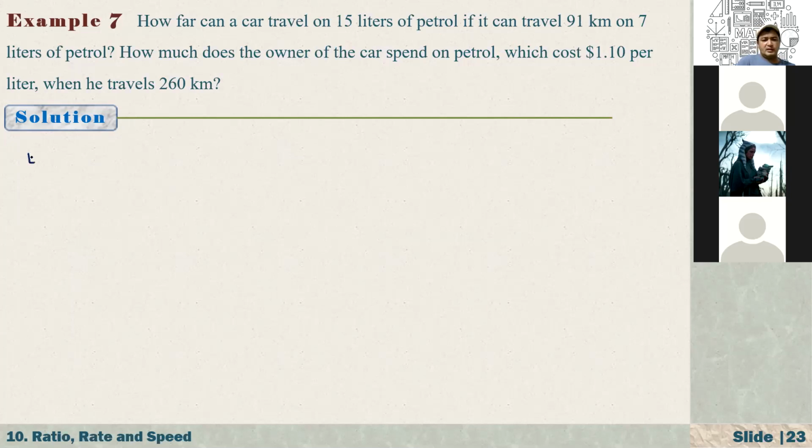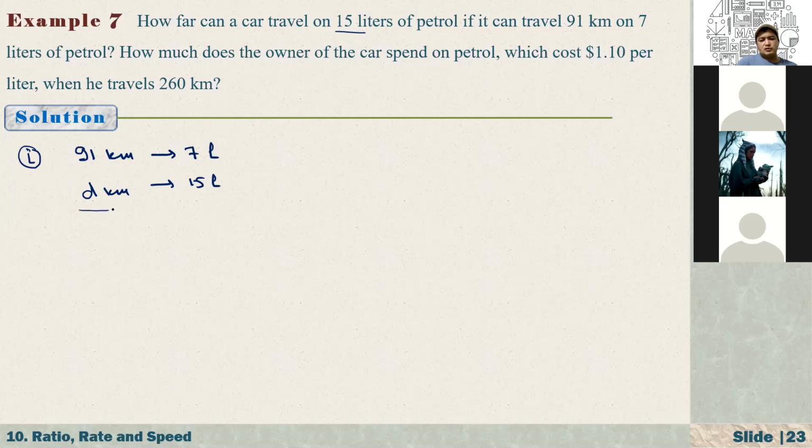Let's say this is part A. It's already given that it can travel 91 kilometers on 7 liters of petrol. The question is, how about if we have 15 liters of petrol, how many kilometers? Let's say it is d kilometers because it's distance, that's why I'm using d.